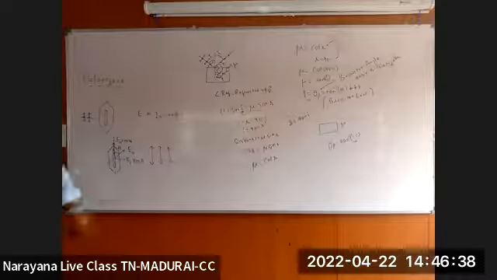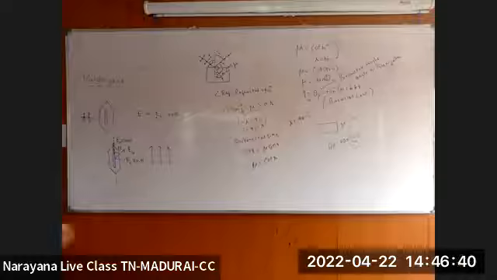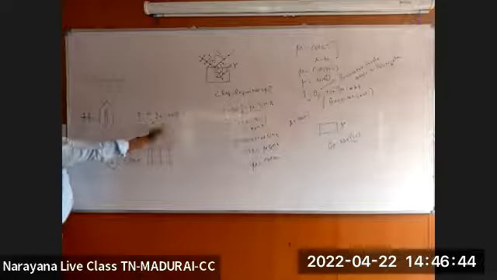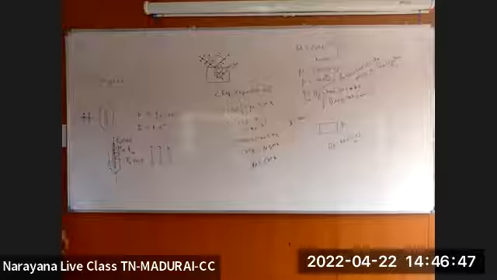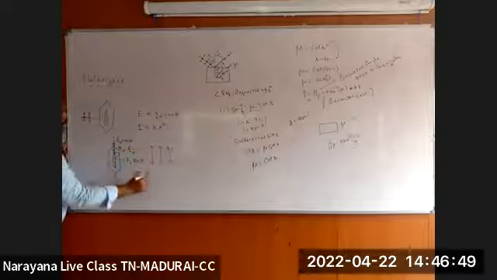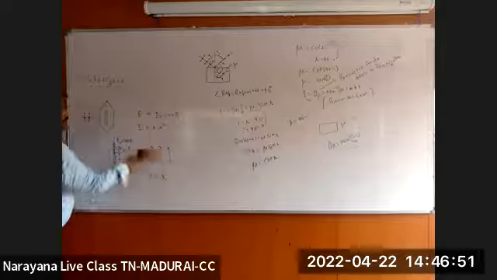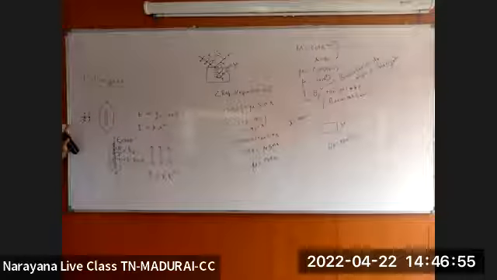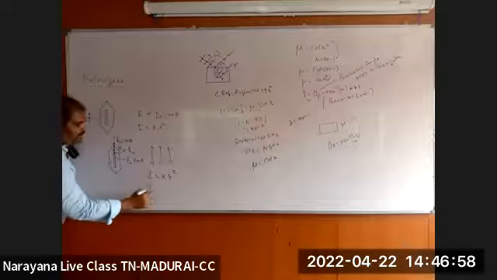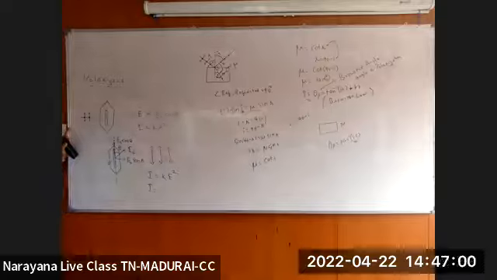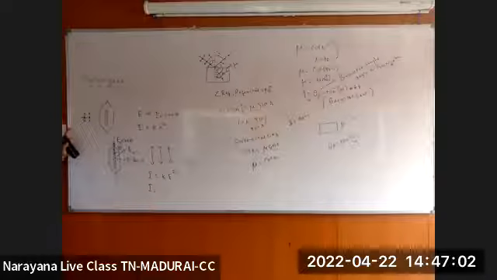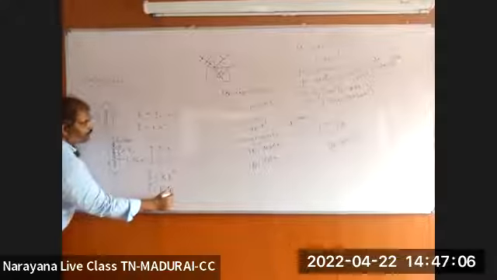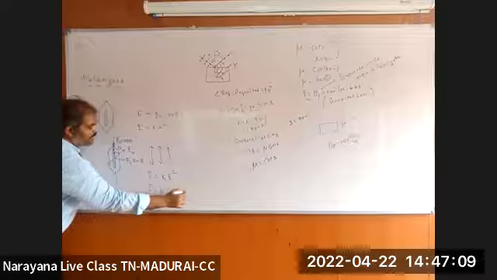Now you tell me what is the intensity of this polarized light? Everyone knows intensity of polarized light is K into A square only, na? So I can write intensity of this polarized light as K into E square. So the intensity of the polarized light or partially polarized light is K into E naught cosine theta, whole square.